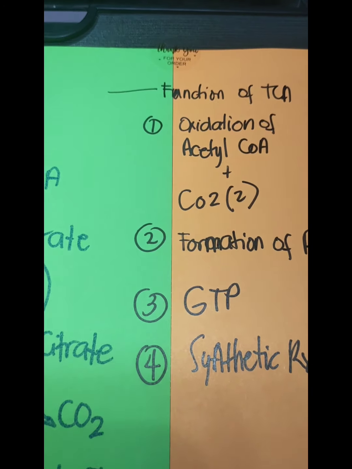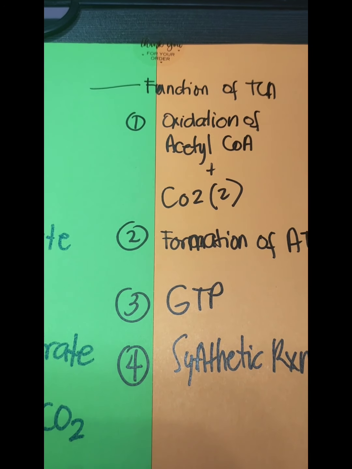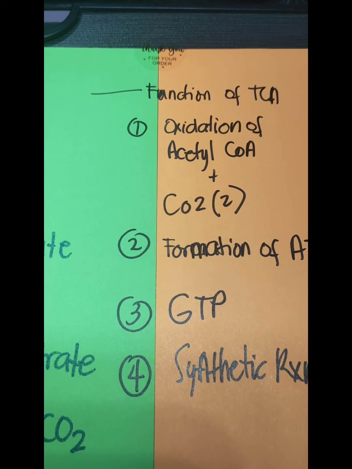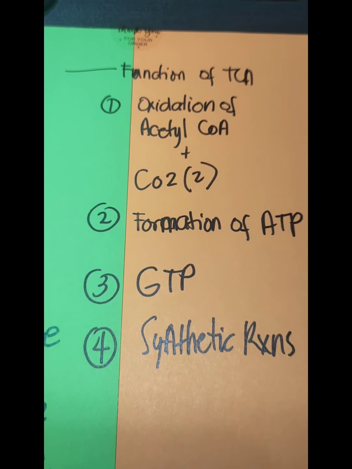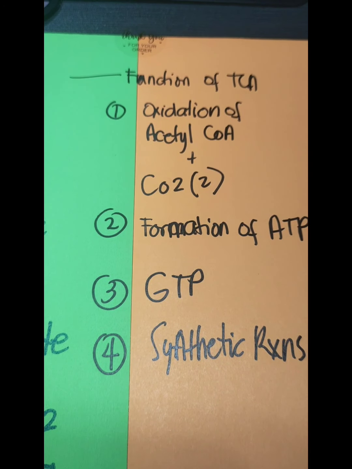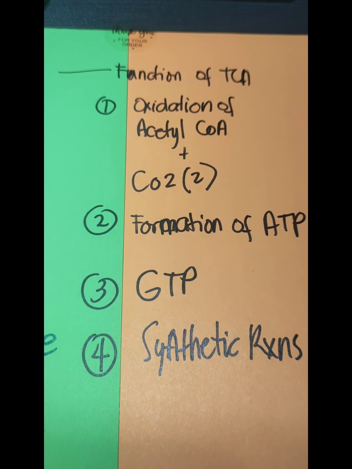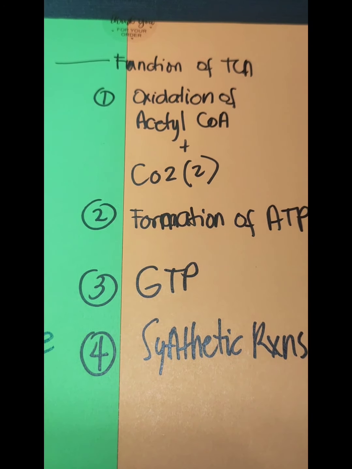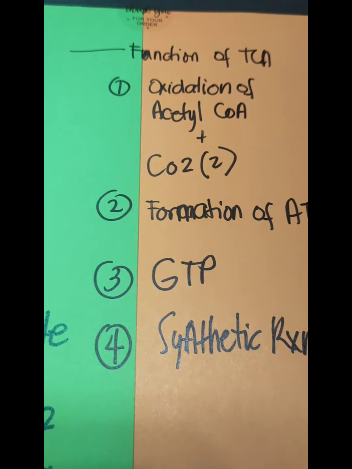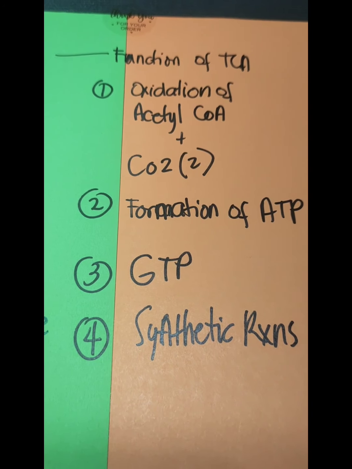Mamaya malalaman nyo, maintindihan nyo bakit ganoon yung pagkakasabi about your tricarboxylic acid. So take note also that the oxidative process will provide energy for the production of the majority of the ATP.